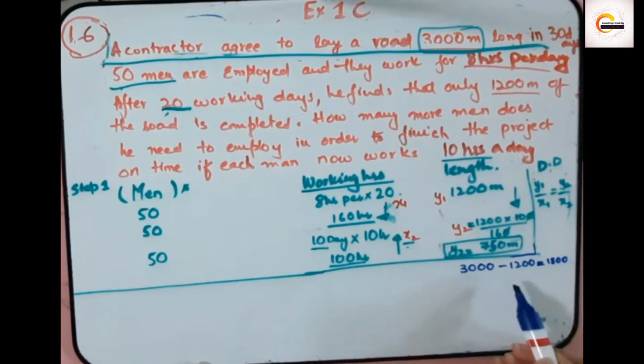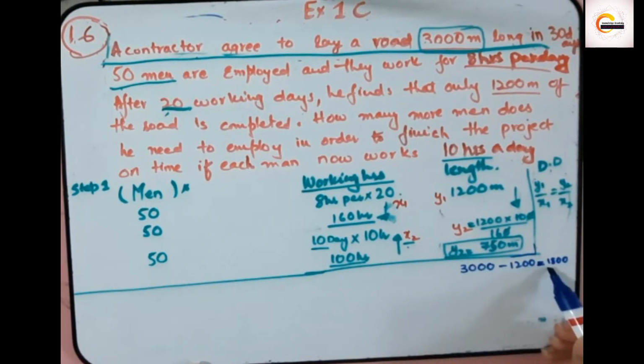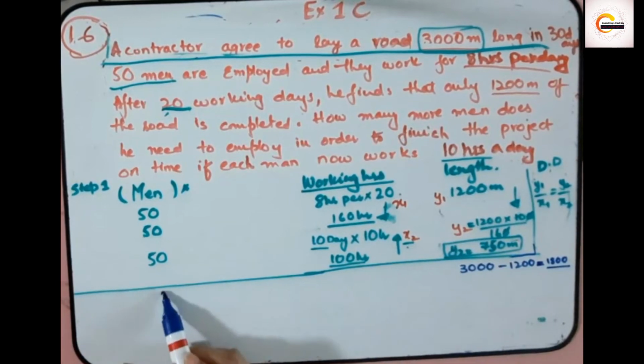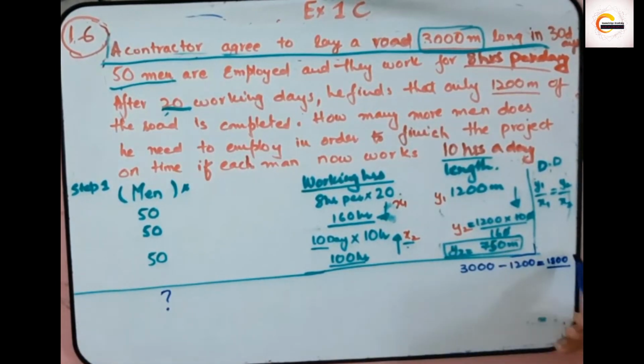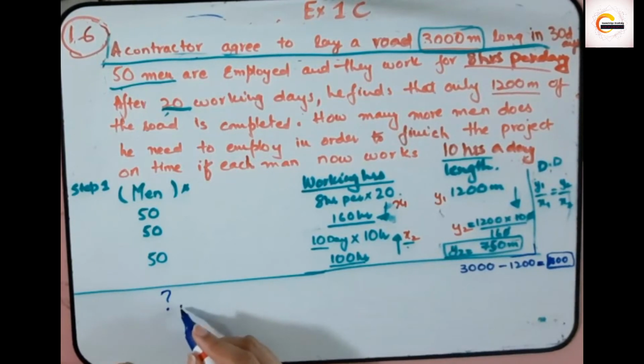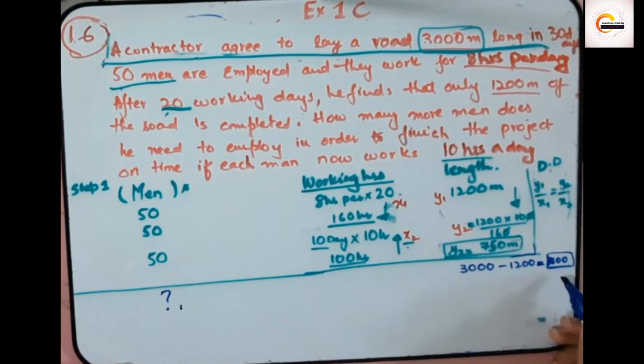Okay, so if our required length is 1800 meters, how many men are required for this sort of work? So now let's see how many men are required to lay a road 1800 meters long.